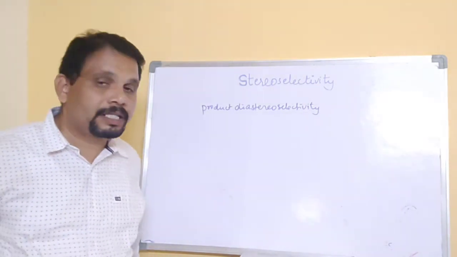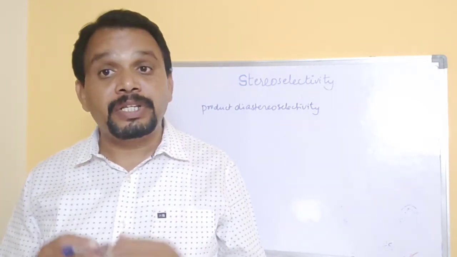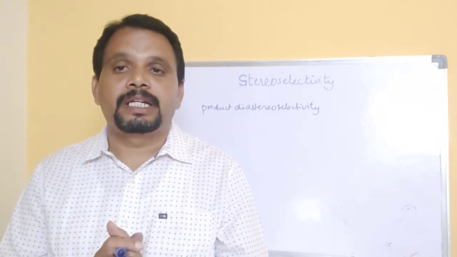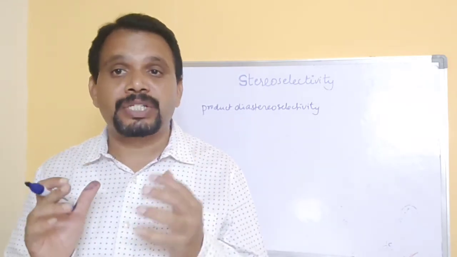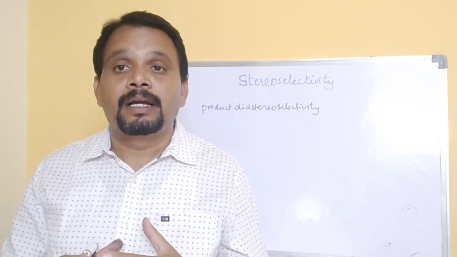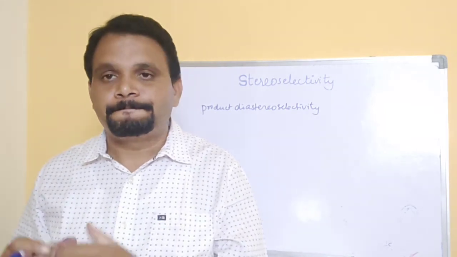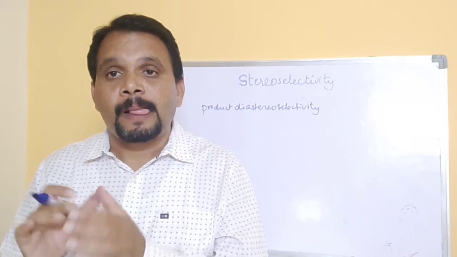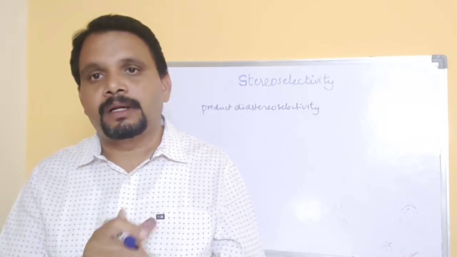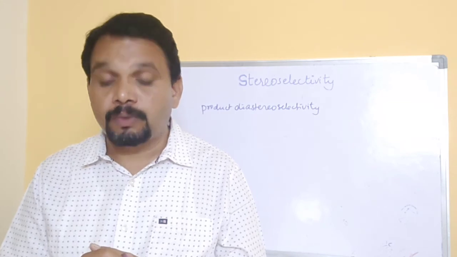Product diastereoselectivity reactions. If you want to define this one, it is also a chemical reaction that produces predominantly or exclusively one diastereoisomer over the other possible diastereoisomers by reacting through one pathway or one space over the other possible.